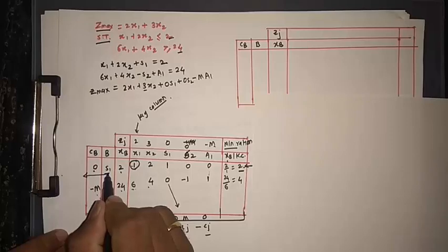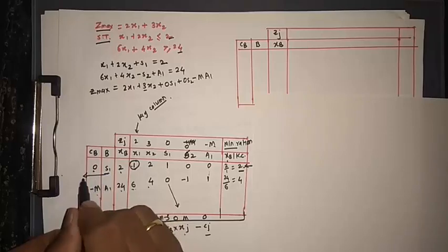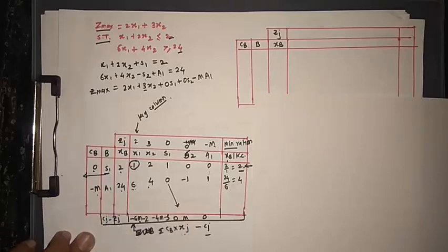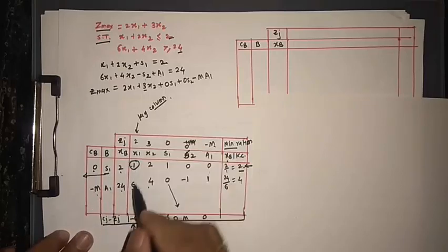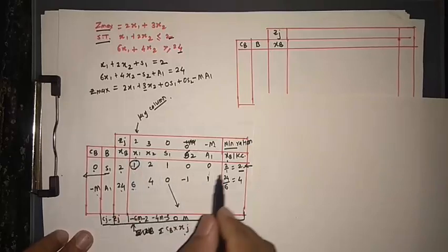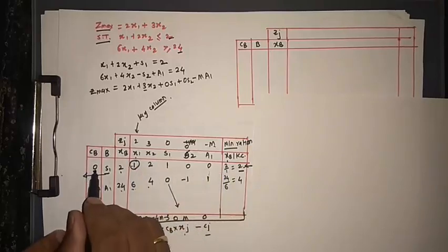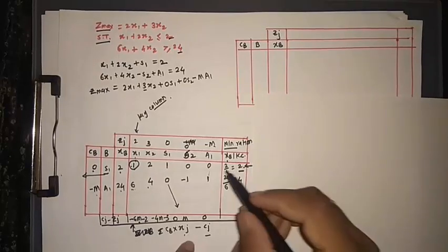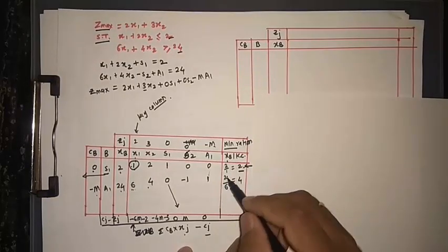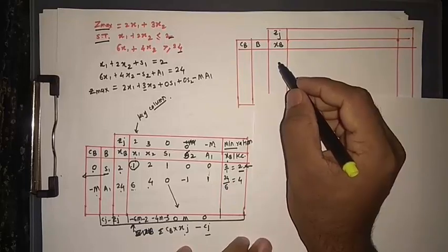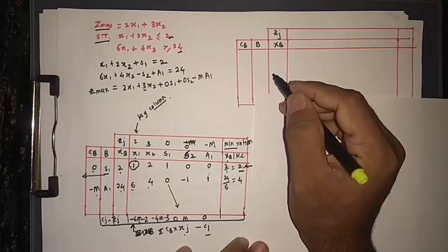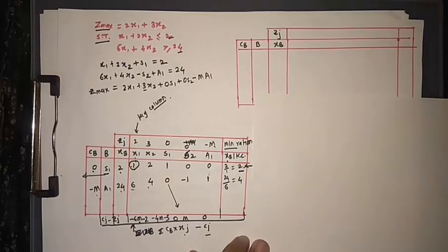So our S1 variable will leave the solution and x1 will enter into the solution vector, as we have the key column as x1 and the key row as S1. Similarly we will find out the simplex table as we discussed in the last example, and we will solve the numerical. So this is all about the Big M method. I will explore it further in the next videos.